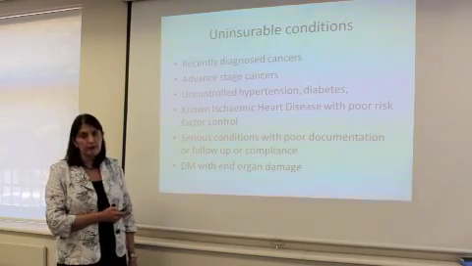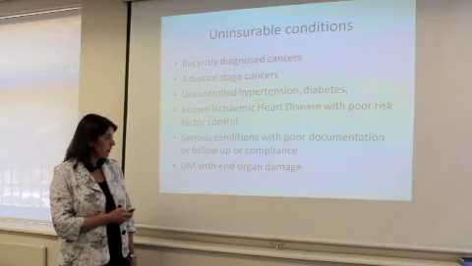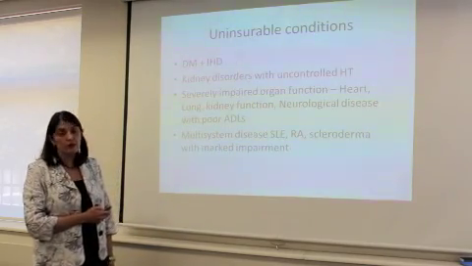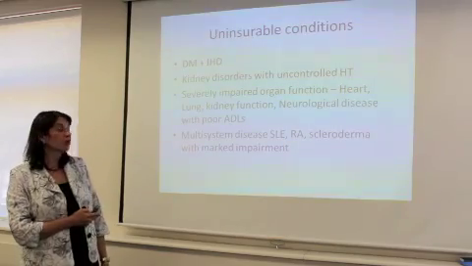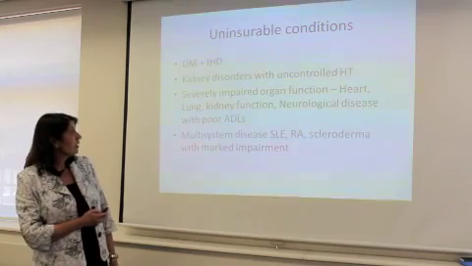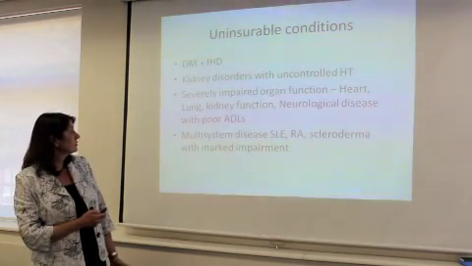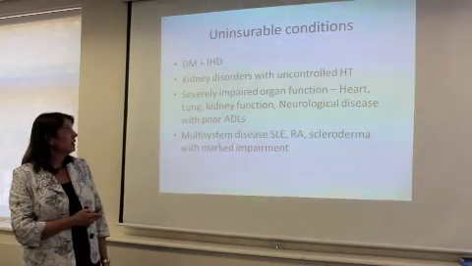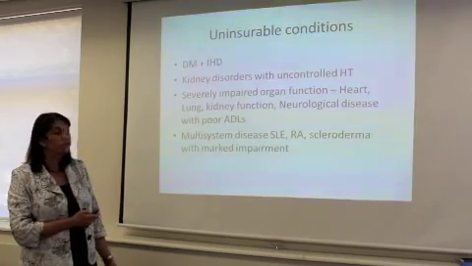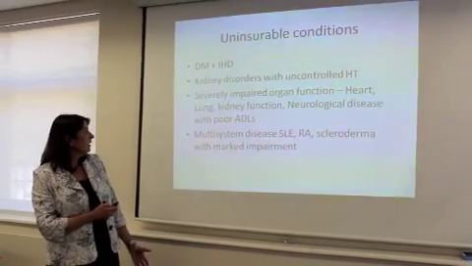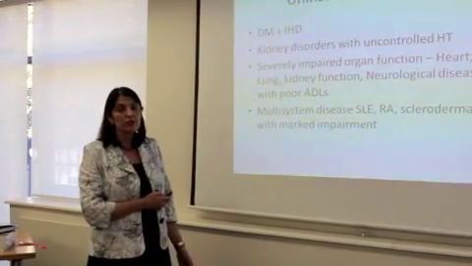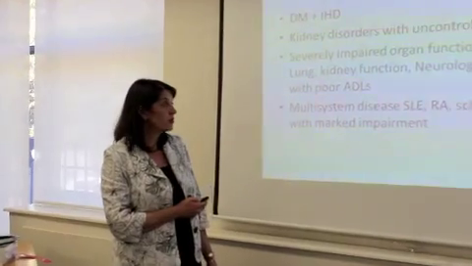Diabetes with end organ damage, nephropathy, neuropathy, vasculopathy, retinopathy. And your ischemic heart disease would also be an end-stage disease for diabetes. Kidney disorders with hypertension, uncontrolled, poor compliance, and any severely impaired organ function, heart failure, kidney failure, lung failure, neurological disease, your functioning is a major prognostic factor.